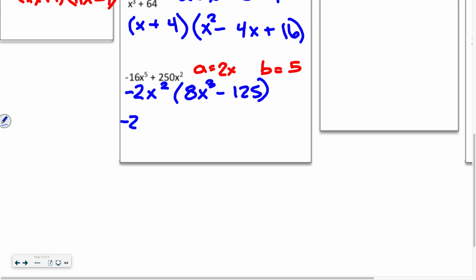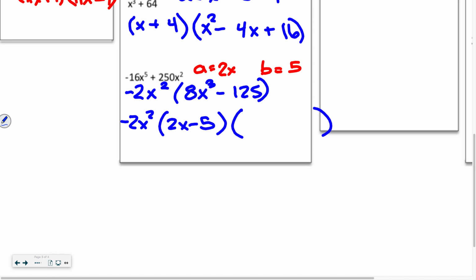So I'm going to have my negative 2x squared hanging out. I know I'm going to start with a binomial. The binomial is either a plus b or a minus b. Since this is a difference of perfect cubes, like Luke told us, we'll put in 2x minus 5, keep the same sign as what's in the original polynomial. So it's going to be 2x minus 5.